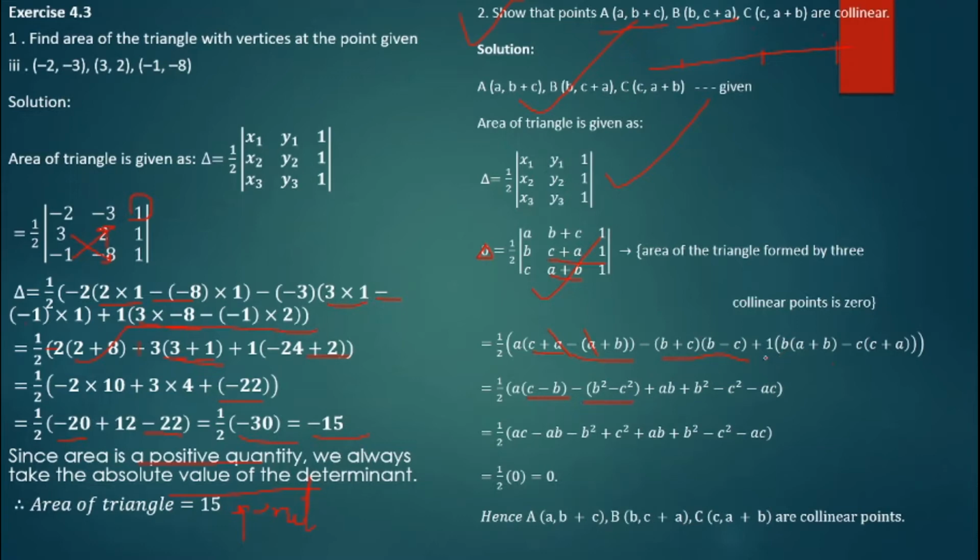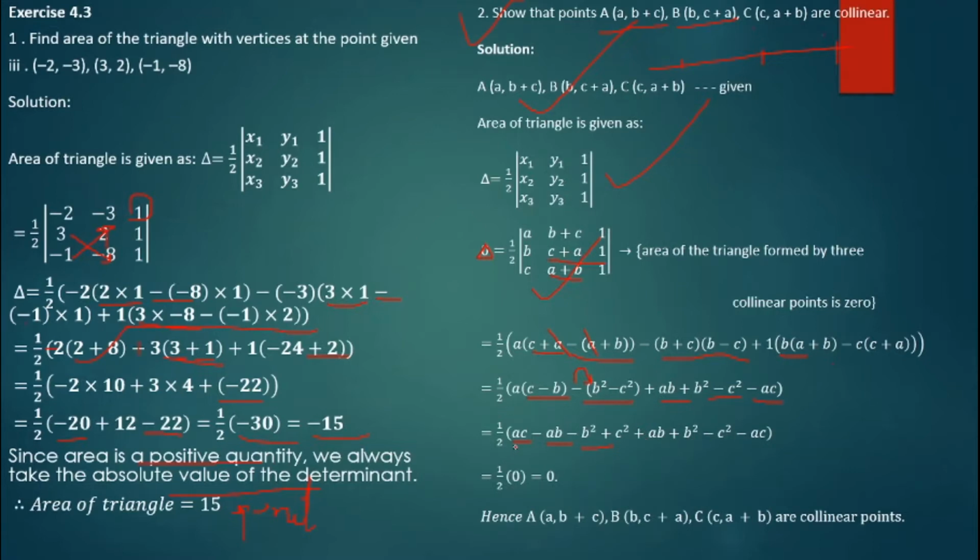Solving this: B into A is AB plus B square, minus C into C is minus C square, minus C into A is minus AC. Minus goes inside the bracket: minus B square plus C square, plus AB plus B square minus C square minus AC.